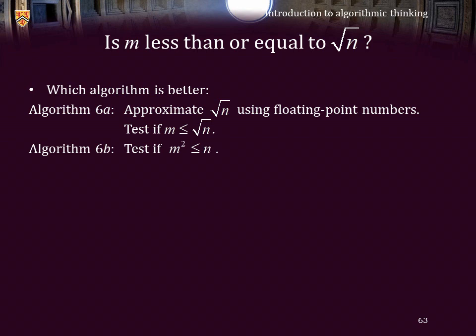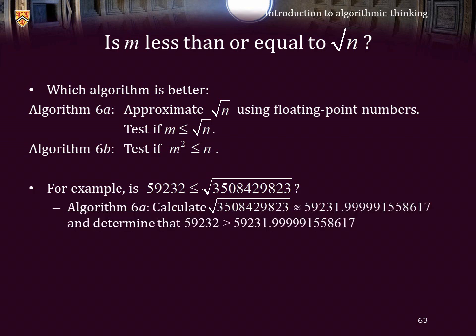Algorithm 6b, test if m squared is less than or equal to n. So for example, if we wanted to test whether or not 59,232 is less than or equal to that given square root of that number, algorithm 6a would have you calculate the square root.